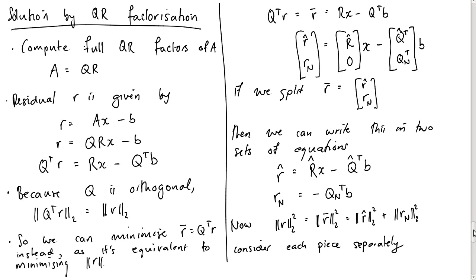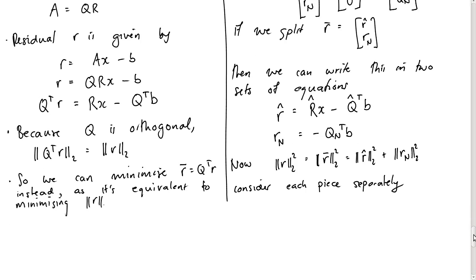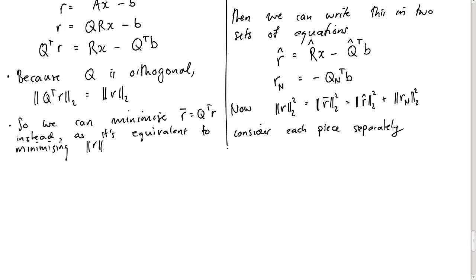Looking at the r hat piece, I'm going to call these equations 1 and 2. So looking at 1 first, we can make r hat equals 0.